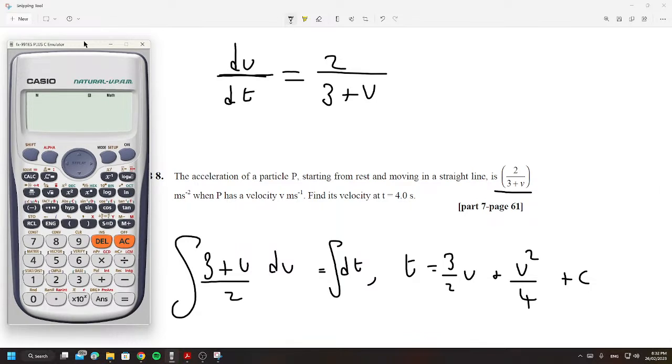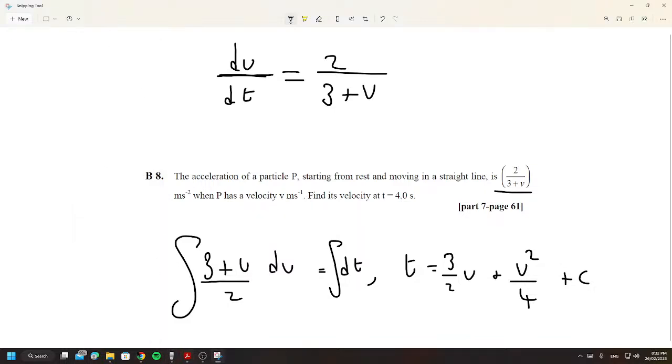The acceleration of particle p starting from rest and moving in a straight line is such that when p has a velocity v meters per second, I don't get this. Does anyone get this question? You guys, hello?